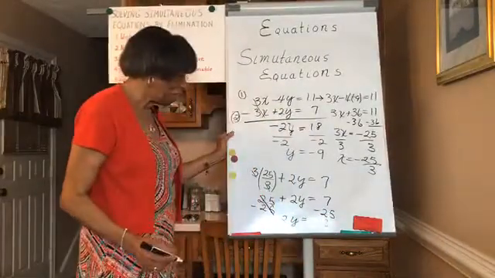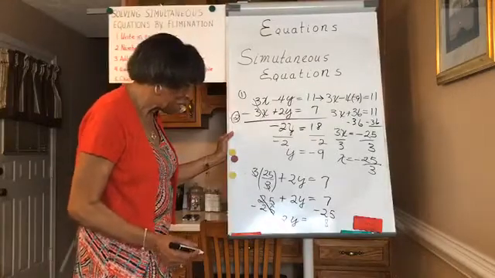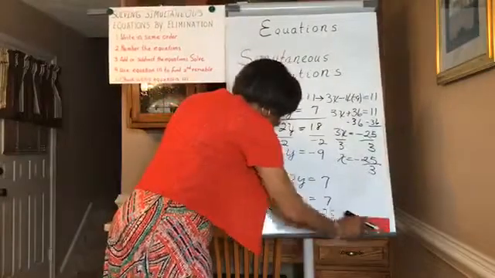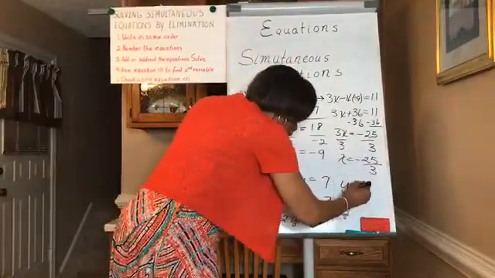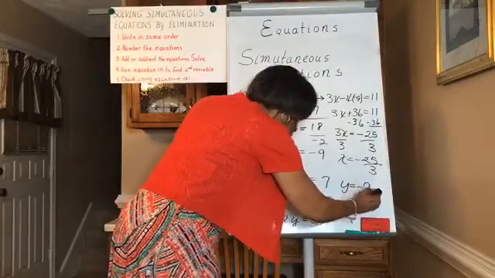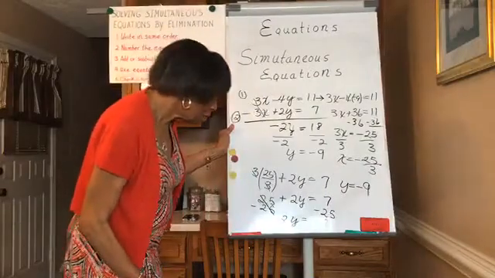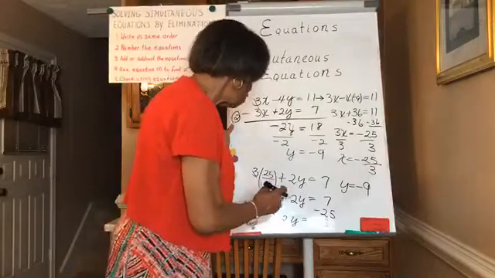Okay, so this is a little more challenging. And 2y equals what? And y equals negative 9. Divide both sides by 2. Okay, you know what?